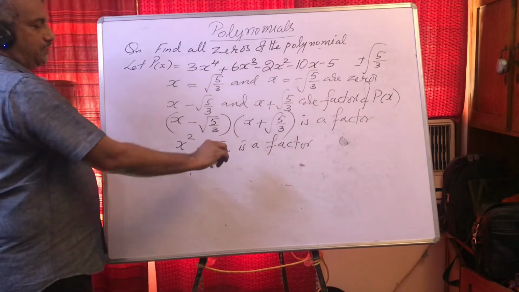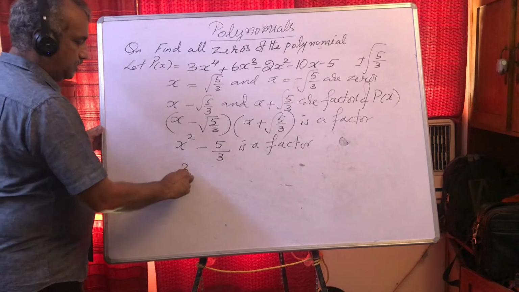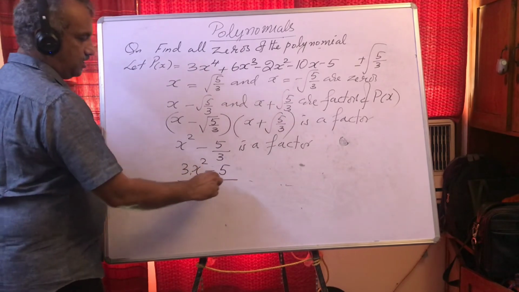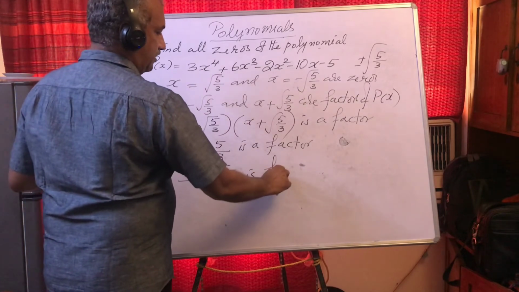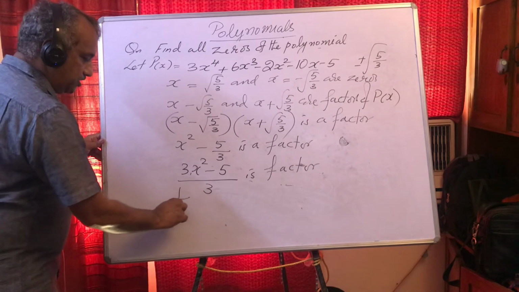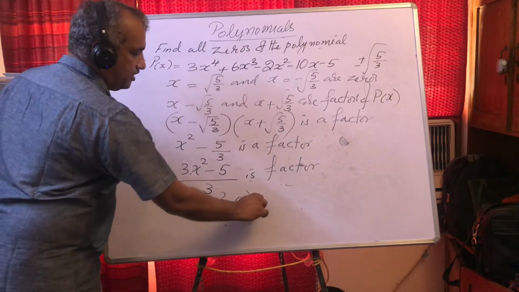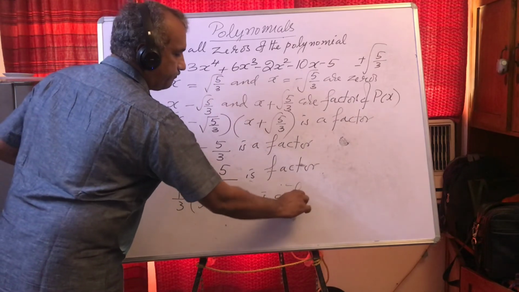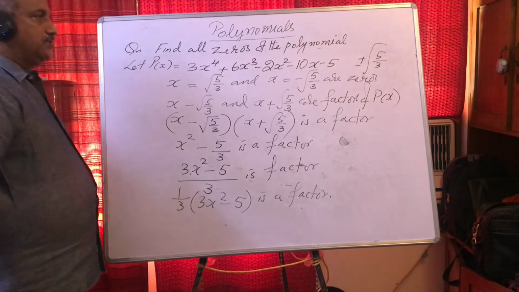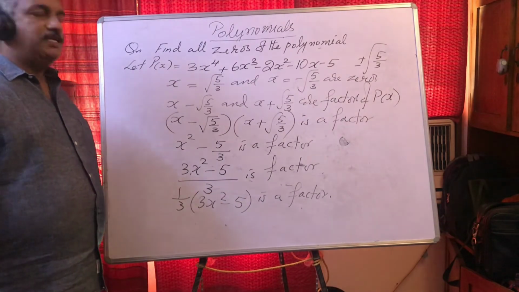Now I am going to take the LCM, with common denominator, and write 3x square minus 5 upon 3 is a factor. Or even we can write 1 upon 3 into 3x square minus 5 is a factor. That means 1 upon 3 is a factor and 3x square minus 5 is a factor.